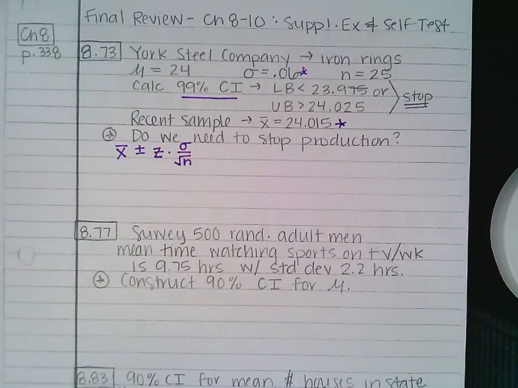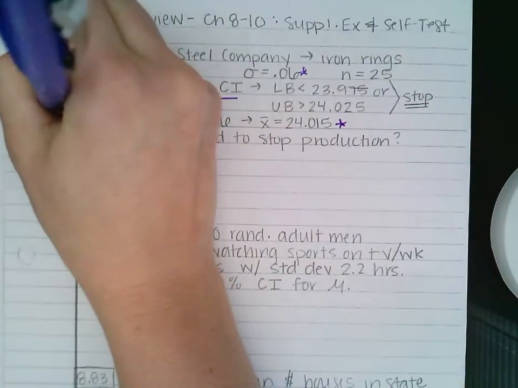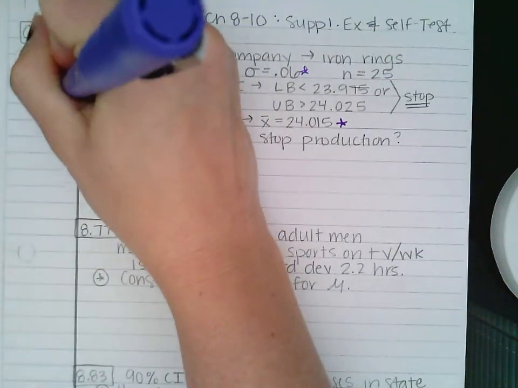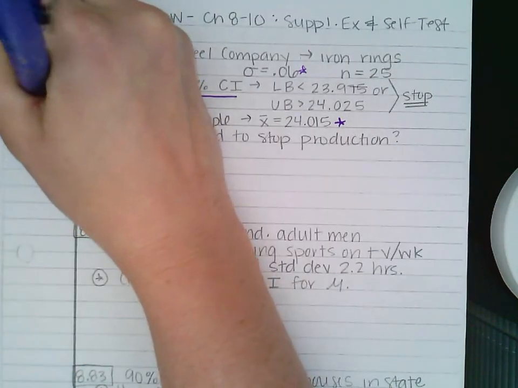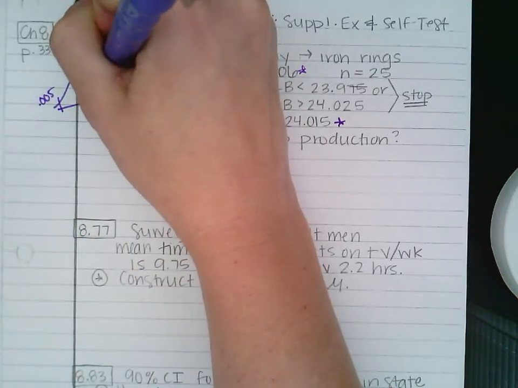Now let's find the critical value for Z for a 99% confidence interval. Remember, with a 99% confidence interval, 1% would be left over, and we have to divide up that 1% on either side.